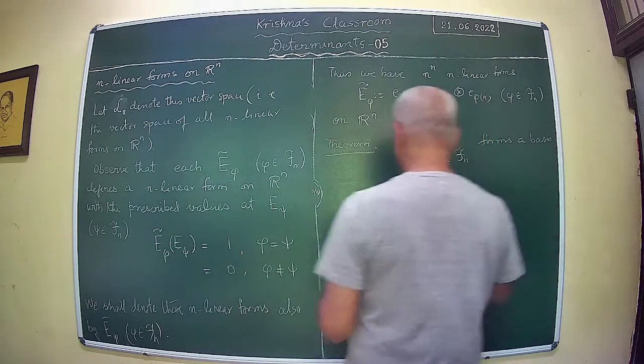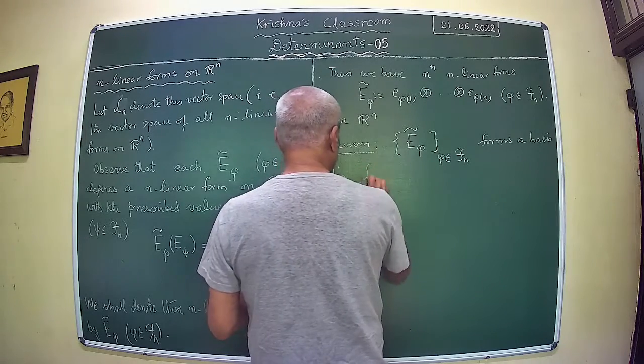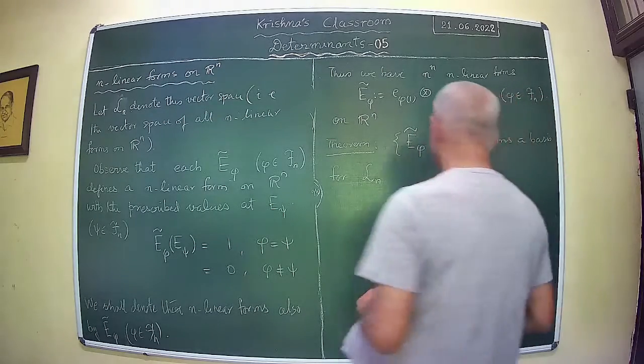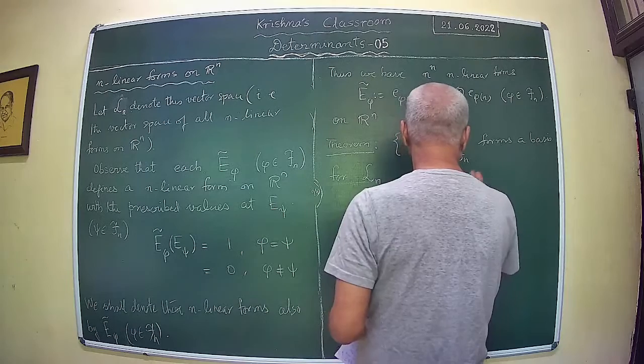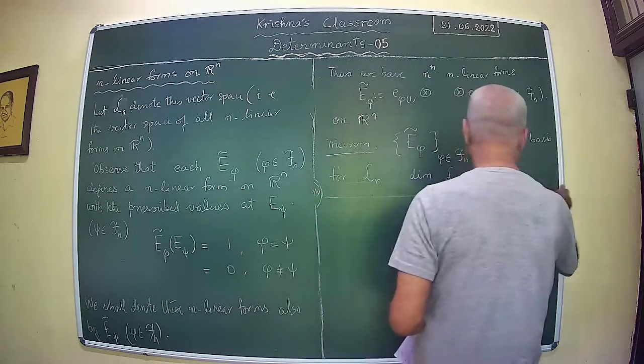The collection forms a basis for Ln, and the dimension of Ln is n to the power n. So this is one of the basic theorems that we prove.